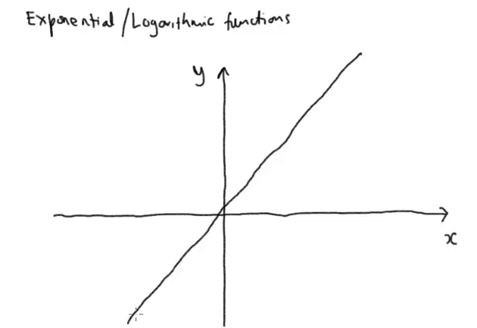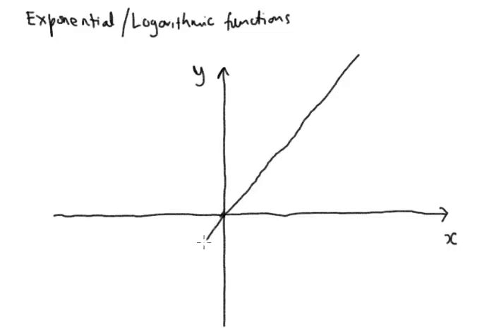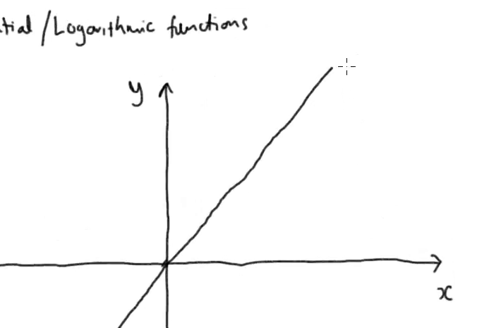Imagine that line passes through the origin. Our mirror line is always going to be the identity function y is equal to x.